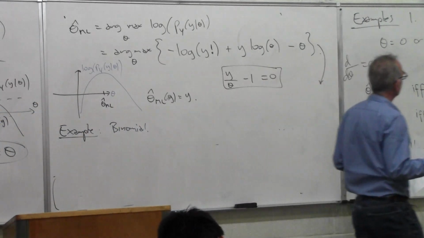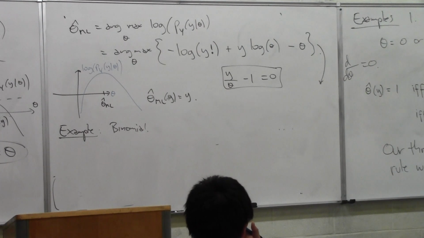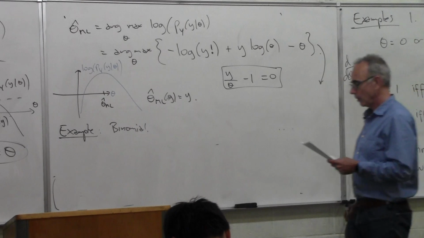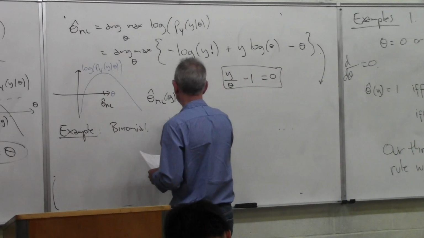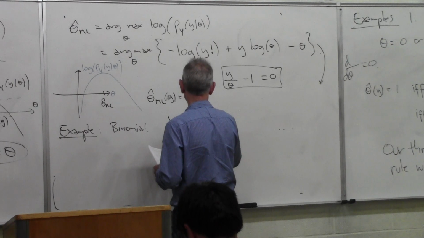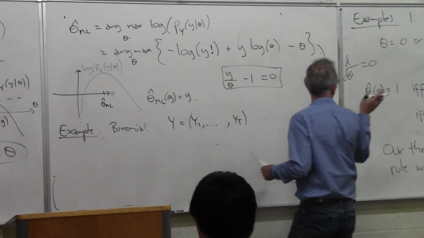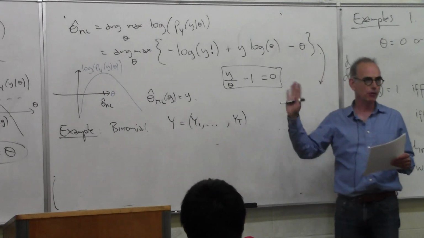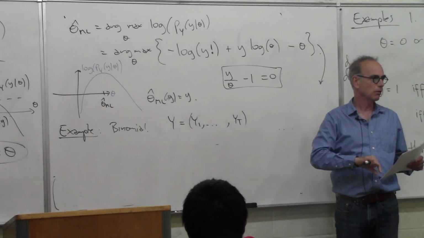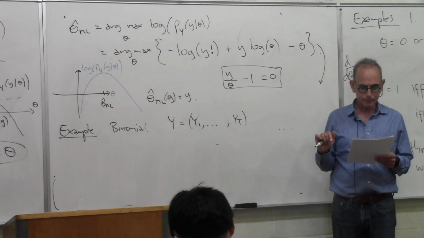Now I'm going back to a situation like I have over here. We've got a sequence like this. I'm keeping it capital, it's a random variable. Little y means it's observed, so I just think of it as a number and store it in a computer.